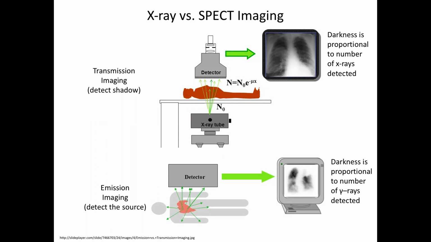Oftentimes in cancer, and we'll see a couple of examples, if a patient, say, has a primary colon cancer and you treat that, they go on chemo, etc., and you think you've got the primary cancer, oftentimes you'll get a PET scan and see if there are small cancerous lesions in other parts of the body called metastases.